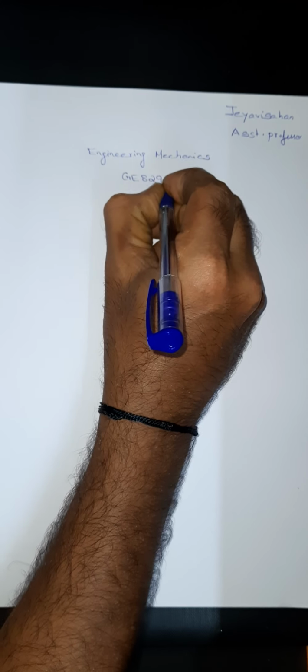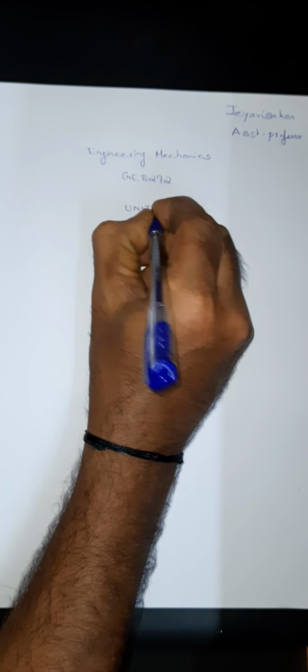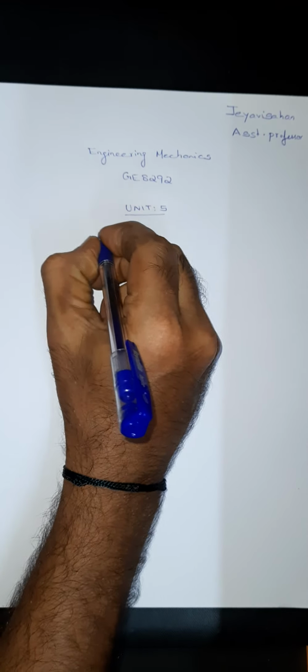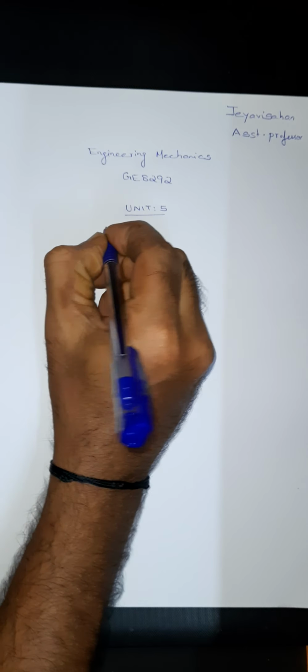The subject code is GE8292. Today we are going to see unit number 5. Under unit 5, the chapter which we are going to see today is friction.